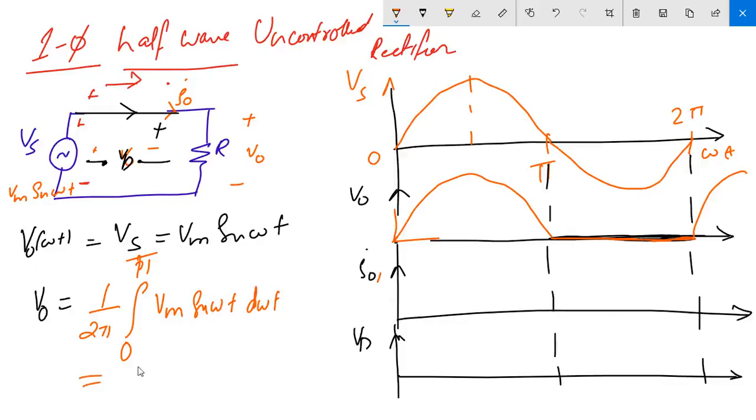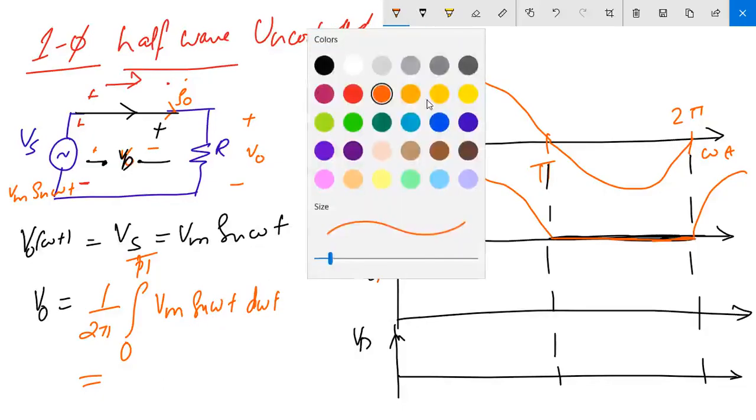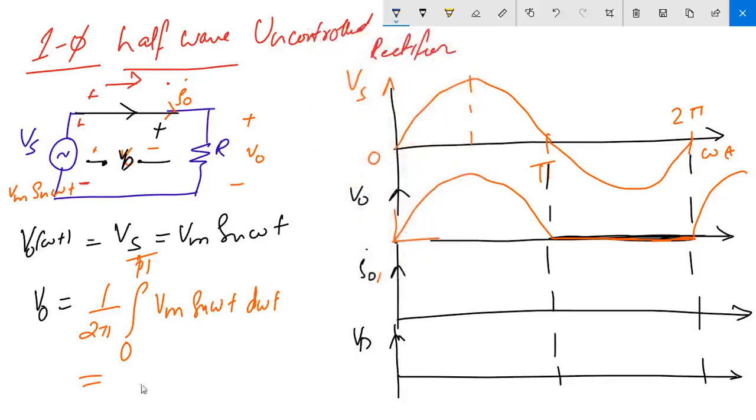If you integrate it, sin omega t gives minus cos omega t, so you can write Vm upon 2 pi times minus cos omega t, integrated from 0 to pi. So you will get cos 0 is 1, cos pi is minus 1, and you will get 2 Vm by pi, and the average value comes out as Vm by pi.